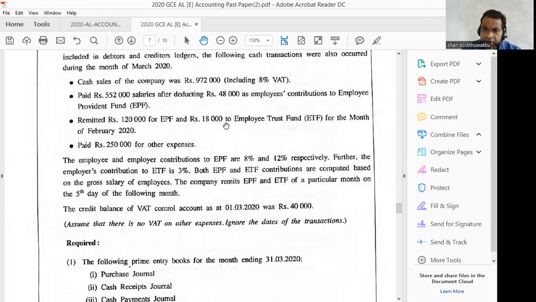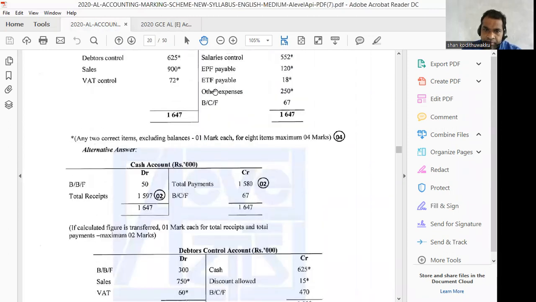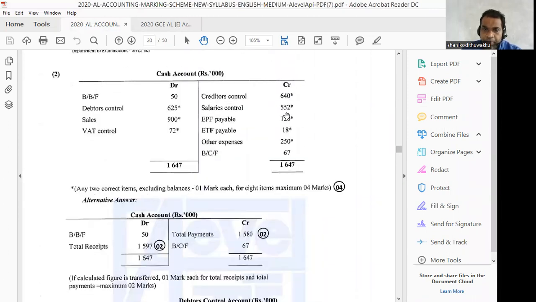As they have paid, we have to credit the cash account here. In EPF payable, when you pass the double entry, we have an opening balance of 120,000. That is related to the month of February, the previous month. Therefore, we debit the EPF payable account and credit the cash account as they paid in cash.